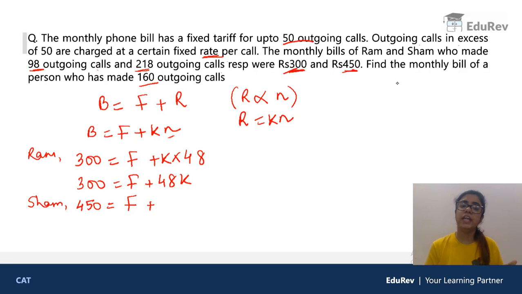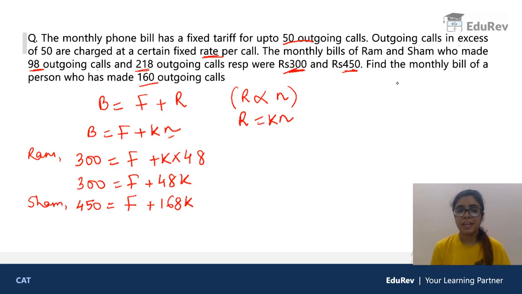Out of 218 calls, for the 50 calls he had to pay some specific money, which is F. So for the remaining calls, which is 218 minus 50, he had to pay extra money. So that was 168 calls. He had to pay some extra money. So that is 168K.